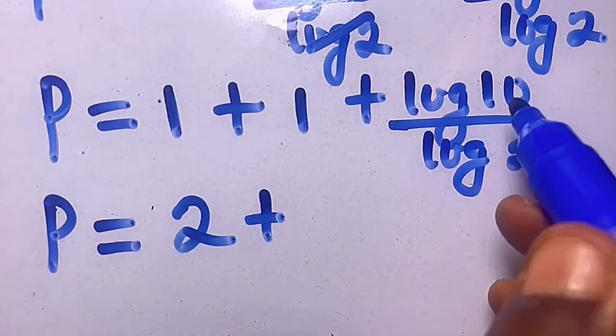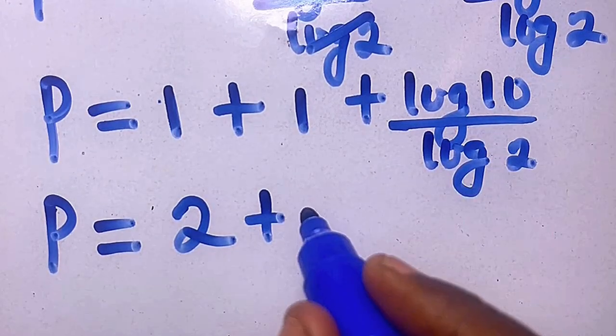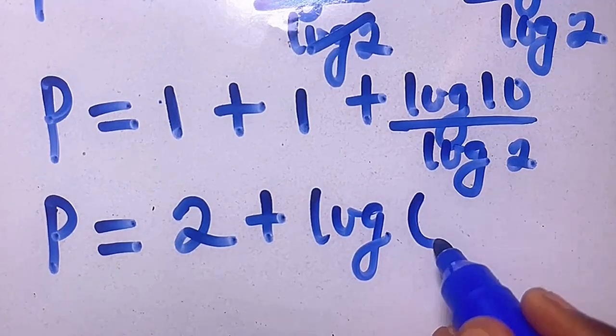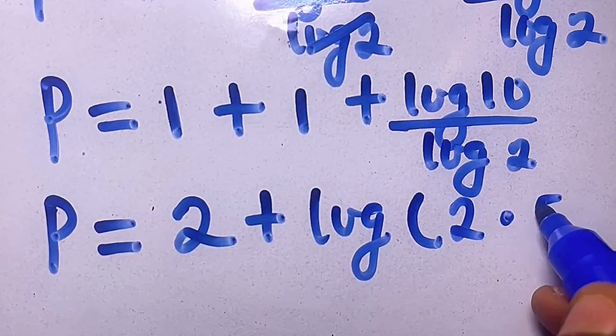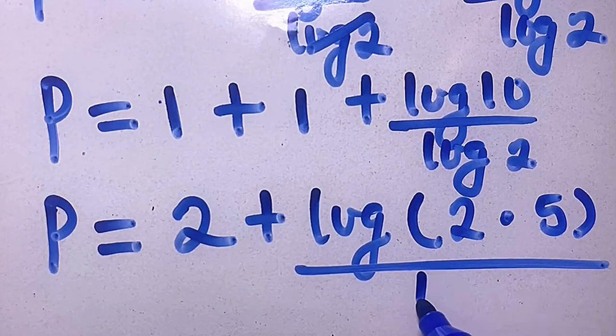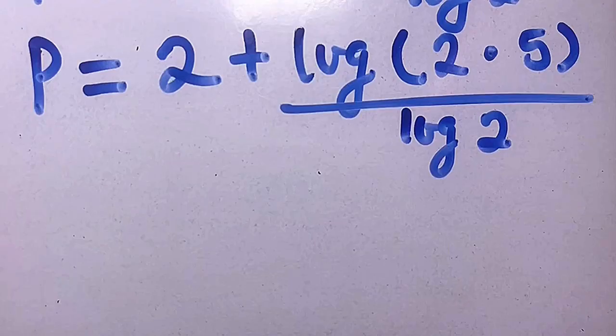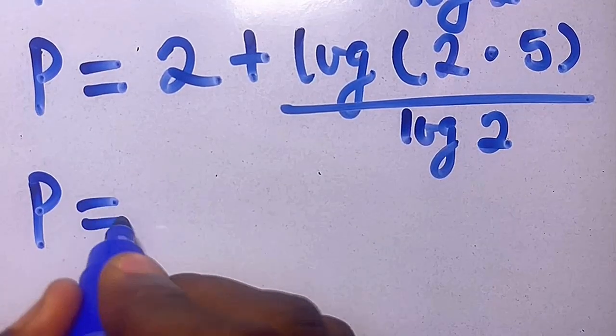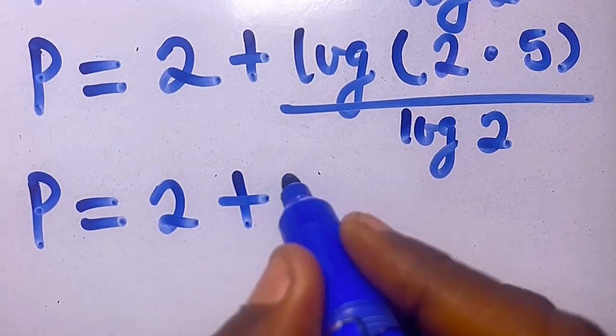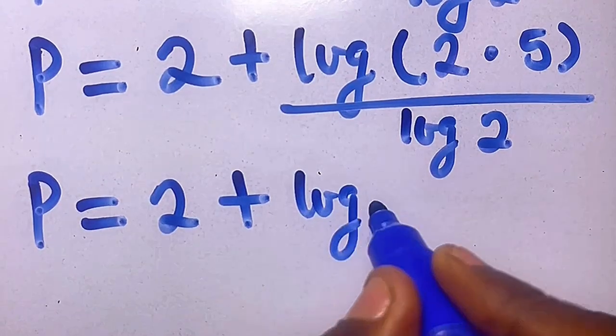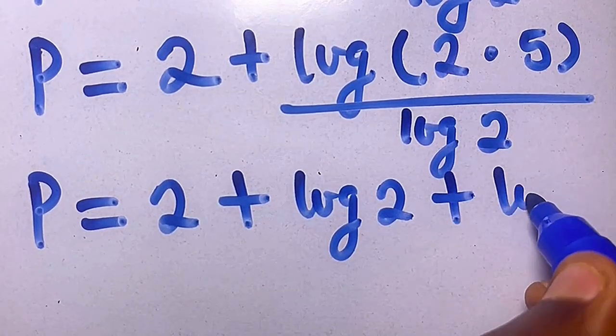We can also express 10 as the product of 2 and 5. So we have log 2 times 5 divided by log 2. So we will have p equals 2 plus log 2 plus log 5 divided by log 2.